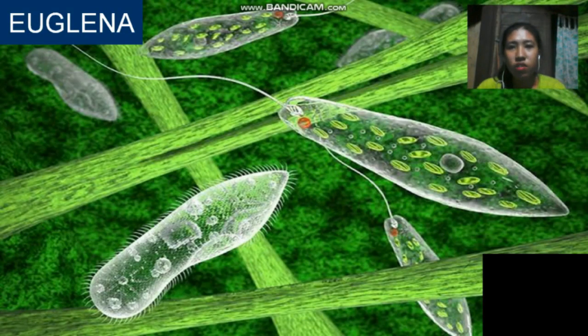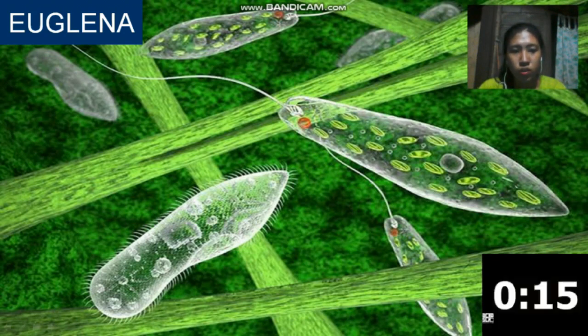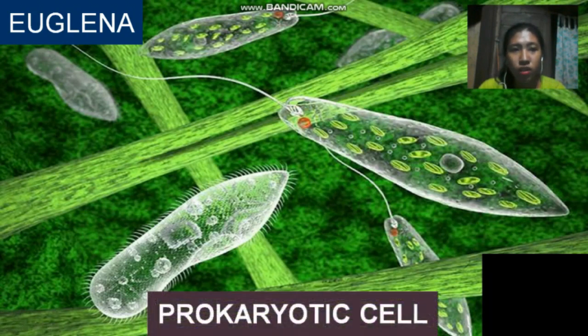Number 1 is euglena. You have 15 seconds to identify this picture. Time's up. The final answer is prokaryotic cell.